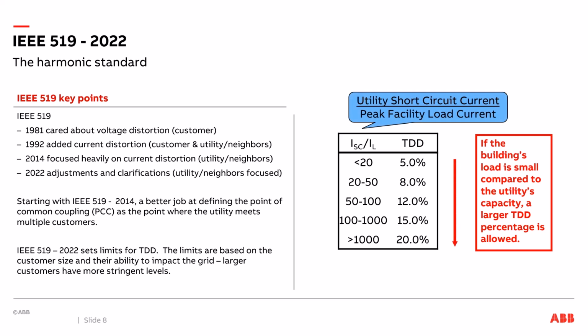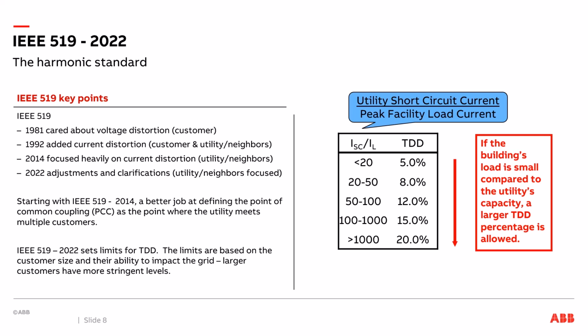So 2022, and it goes all the way back to 92, it's got your total demand distortion standard. So if you look at that table on the right, you got this ISC to IL. So it's your short circuit current to your load ratio. Basically, that's a fancy way of saying, are you a big customer or are you a small customer on the grid? Because if you're a big customer, your ISC to IL is going to be a smaller number.